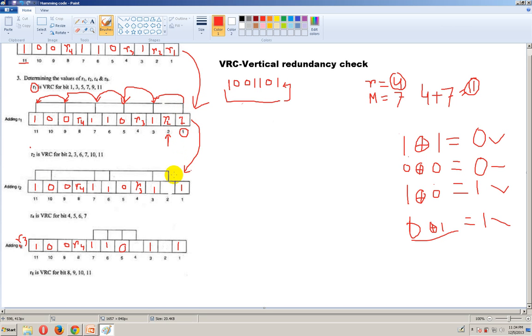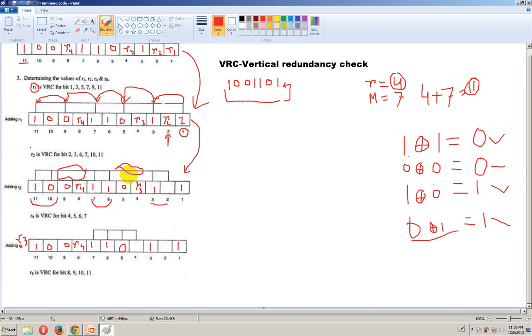It's slightly different when we come to position 2: take two positions, skip two positions, then take two positions again, skip two again, then take these two positions again. So this is the way. We already have the positions here: 2, 3, 6, 7, 10, 11.